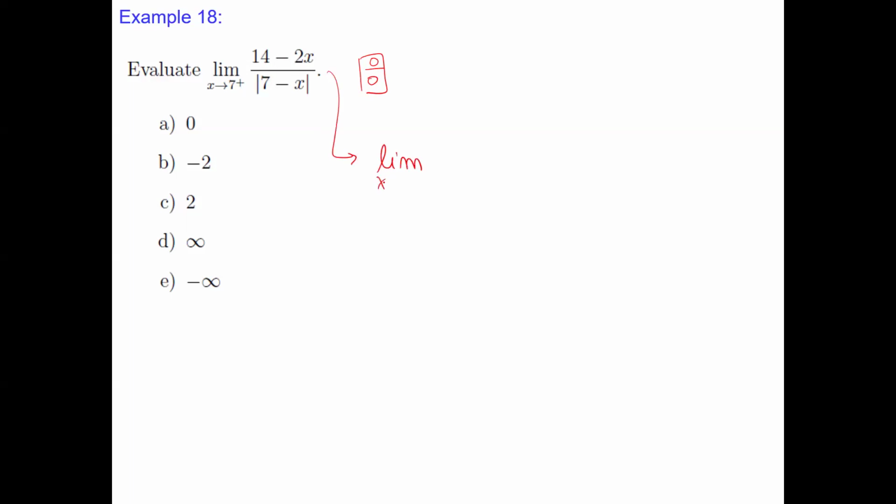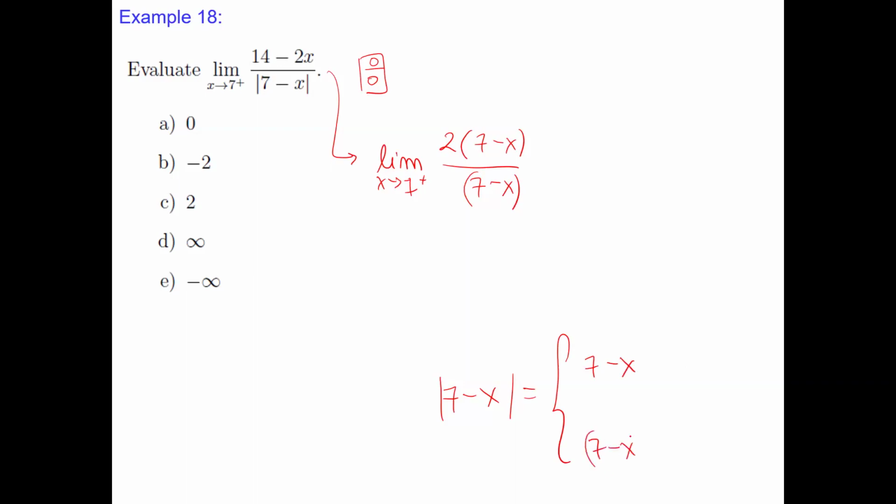Let's find a common factor, cancel out, and then get the answer. Okay, we can factor out 2 times (7 minus x), and we do have 7 minus x. But we have to check if the quantity 7 minus x is positive, we can write it like this. If it's negative, we will write it like this.